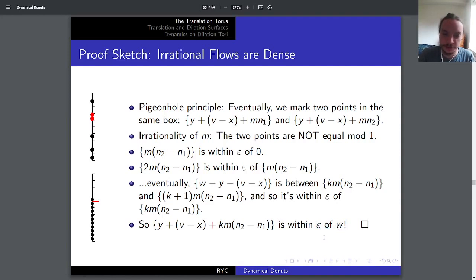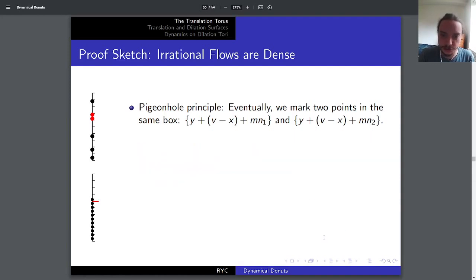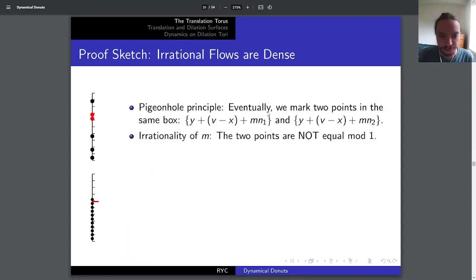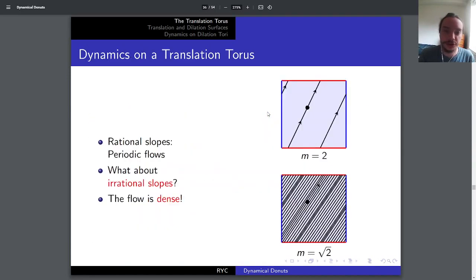Okay. So what did we actually show there? We showed that eventually we hit this line so many times after k times n2 minus n1 times that we hit it just below V or just above V, just below W or just above W, and exactly on V, which means that we are within epsilon of V, comma W. So that shows that the irrational flow, this flow at an irrational slope, is going to be dense.